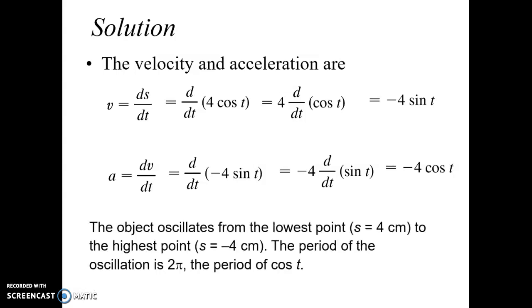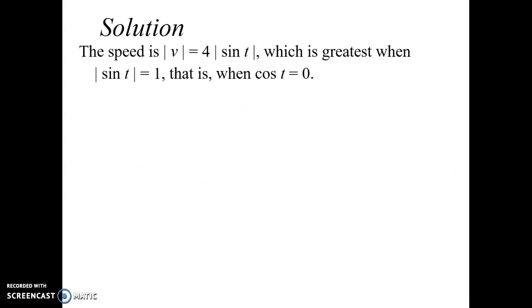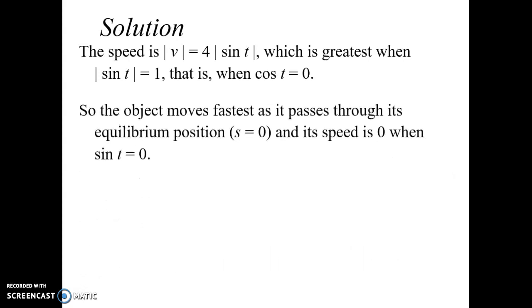So what do I know? I know that the object oscillates from its lowest point at s equals 4 centimeters, that's when it began at time equals 0, to its highest point of negative 4 centimeters. And the period of the oscillation is 2 pi because the period of cosine is 2 pi. Remember, speed is equal to the absolute value of velocity.